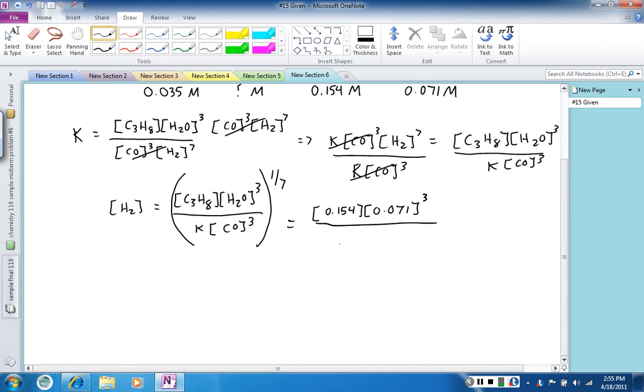K is 9.3 times 10 to the negative 2, and concentration of CO is 0.035, and that's going to be cubed. Don't forget, this whole thing is raised to the 1/7 power.